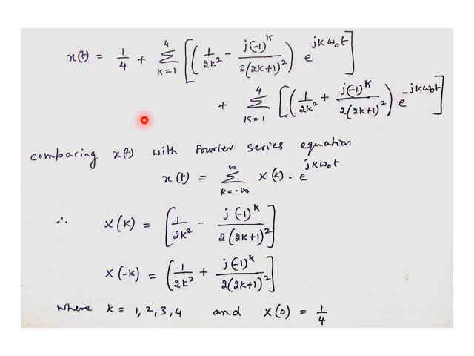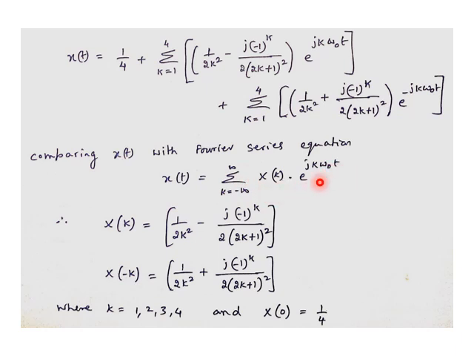Now this equation is replaced, and if I compare this equation with the standard Fourier series equation, if I say x of t is summation k equal to minus infinity to infinity x of k into e to the power j k omega naught t.